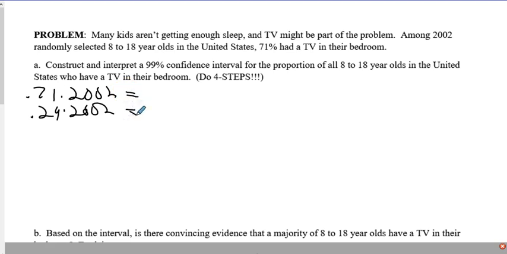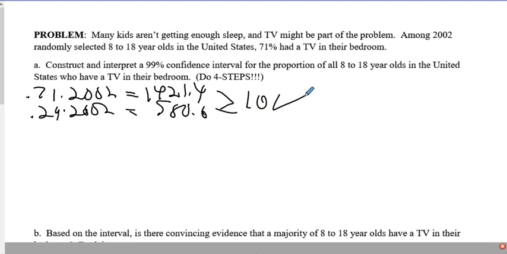That gives us 1421.4 and 580.6. Both of those are greater than or equal to 10. Check, we're good to go. We have satisfied the large numbers requirement.